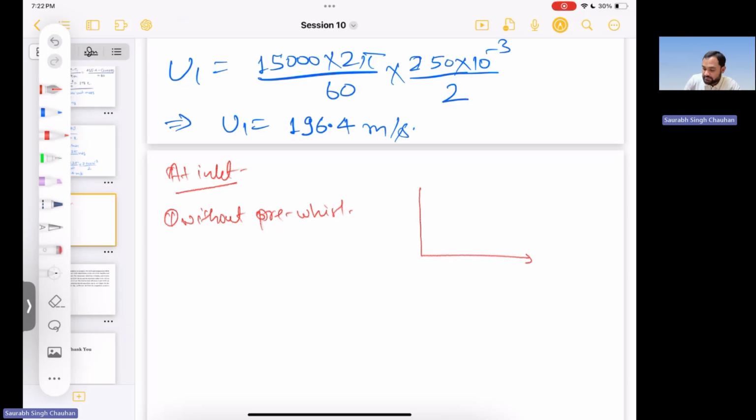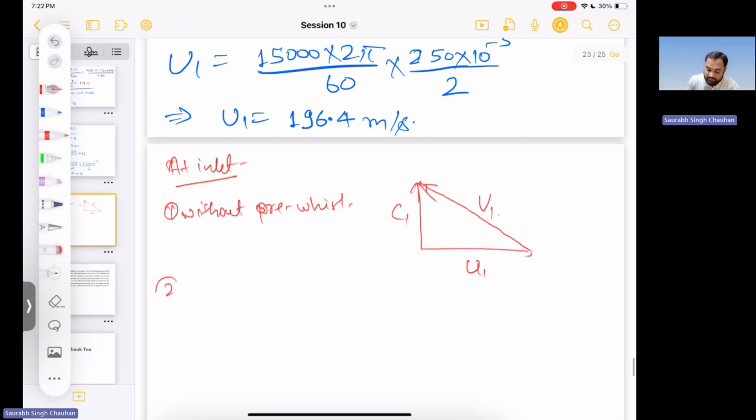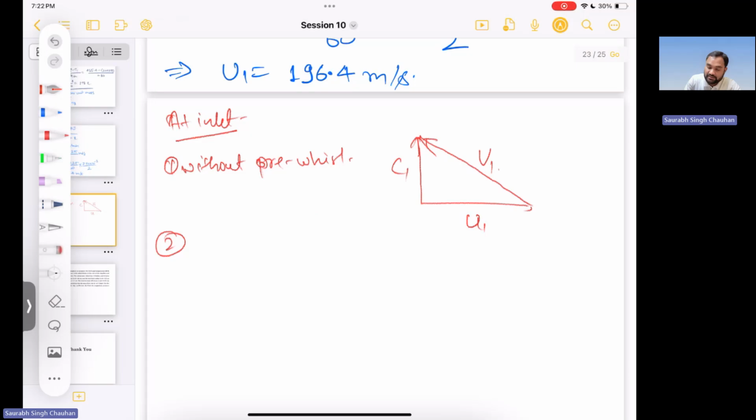This is the blade velocity U1, the absolute velocity C1 will be along this direction, and this will be the relative velocity V1. But since it has some whirl, C1 will not be along the radial direction. It will be something like this. This is the actual case, with whirl.